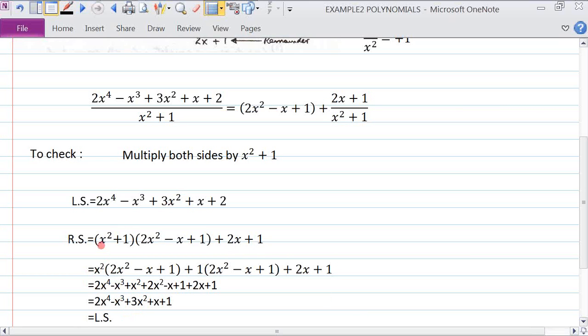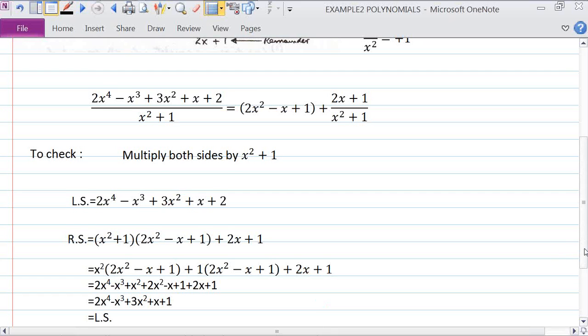So when I simplify this, I take the first term of this and multiply it by all of that, I get this part right here. And then I take the plus 1 and multiply it by the whole second bracket, again here, and then add this 2x plus 1, I get that.